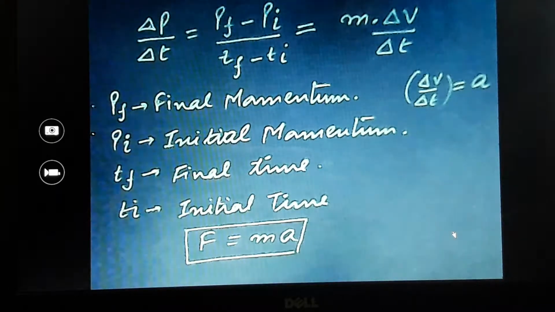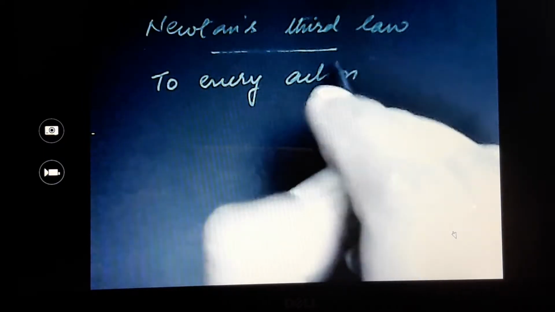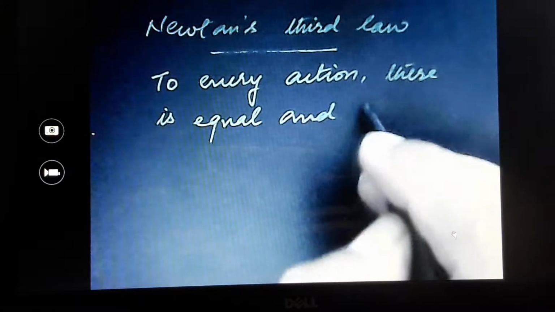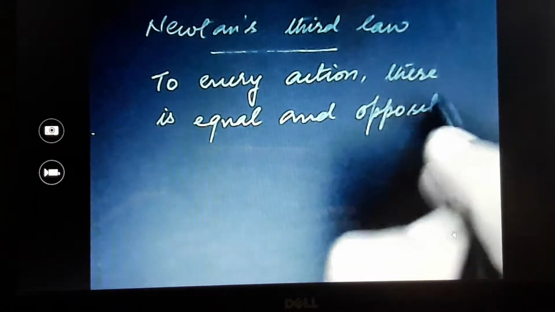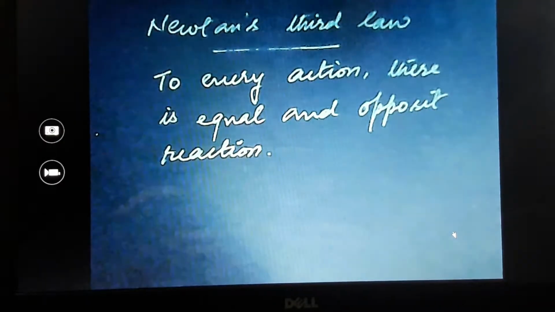According to Newton's third law, to every action there is an equal and opposite reaction, right?